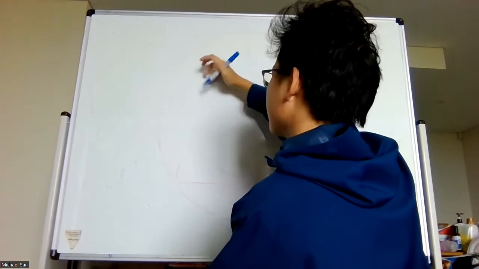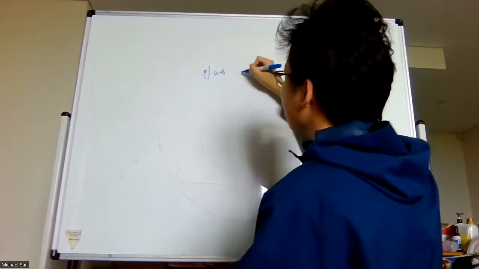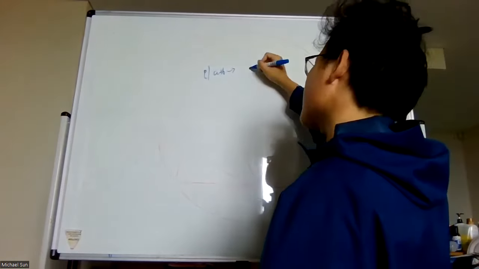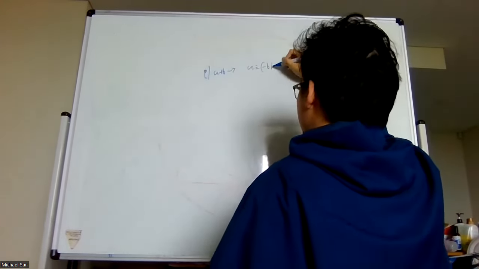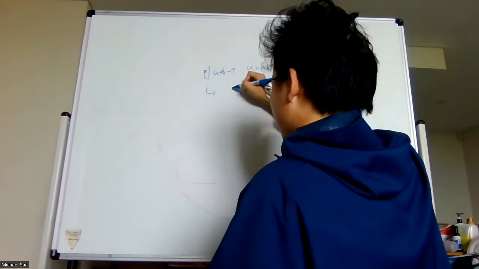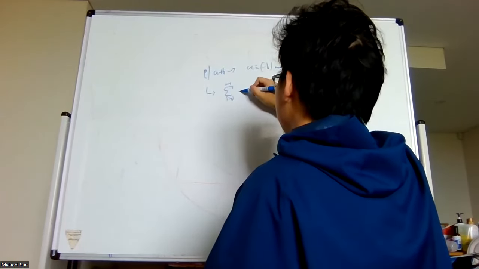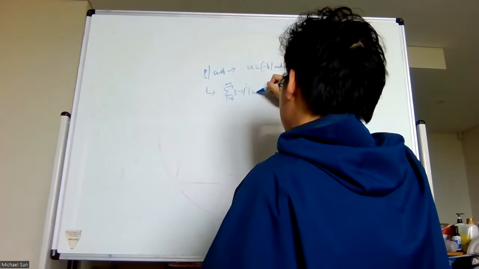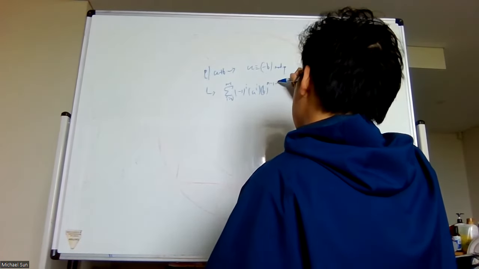Okay. Also, we first start by using the condition that P divides A plus B. So this gets us A is congruent to negative B modulo P. And then we can rewrite our equation as negative 1 to the A B minus 1.